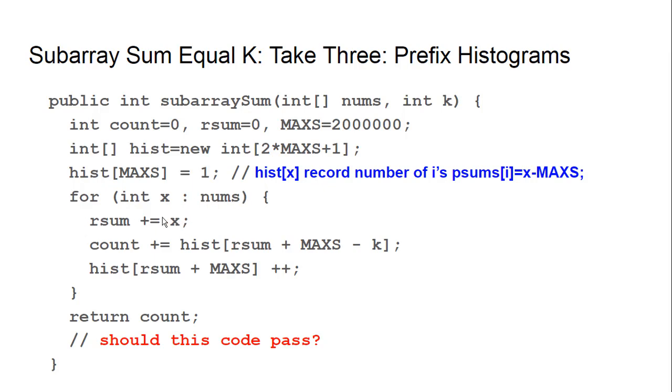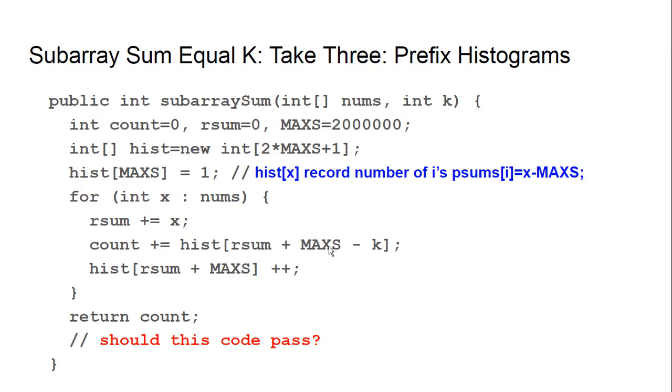Every time we compute the running sum, which is essentially the prefix sum, and then if we have this prefix sum to be this value, then what we are looking for is this value minus k to be in the previous prefix sums. Because if we have some prefix as r sum minus k, then the subarray sum will be r sum minus k, which will be k.